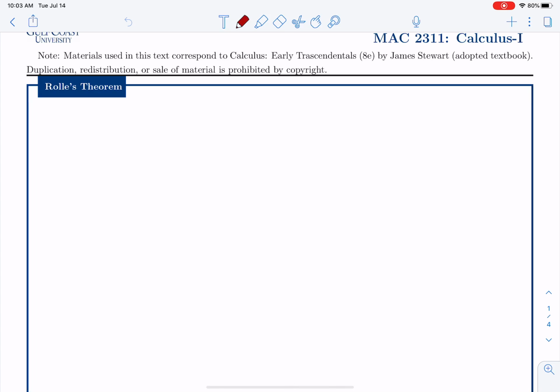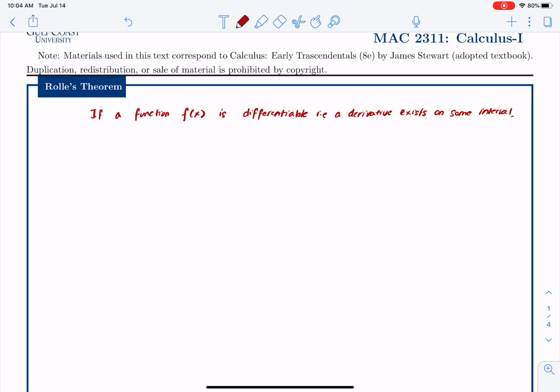So, if a function f of x is differentiable, in other words, a derivative exists on some interval, then the function is continuous on that interval. However, the converse is not true.